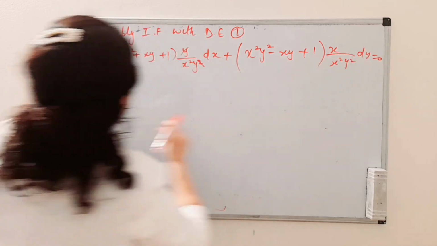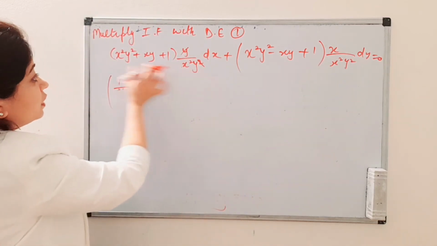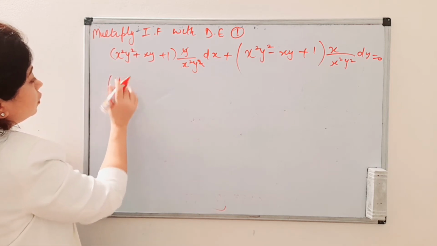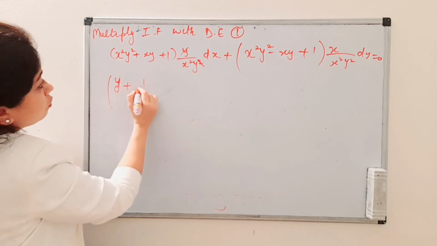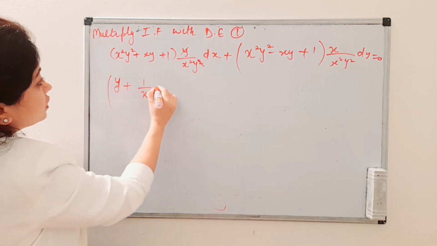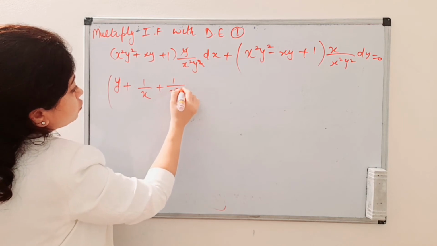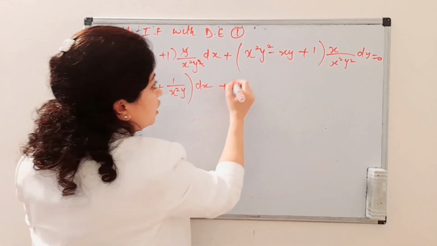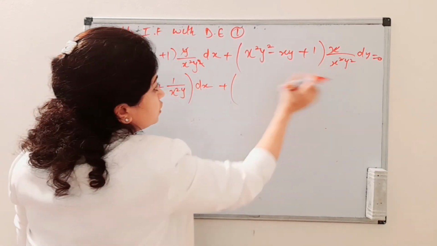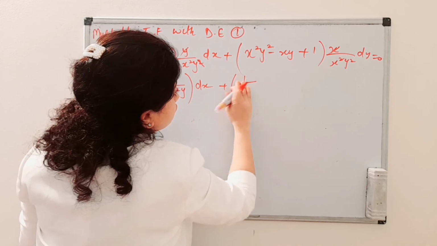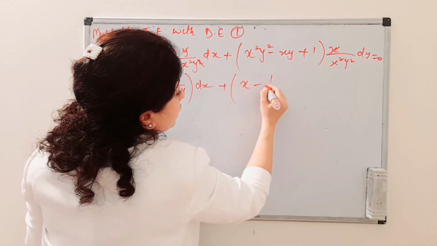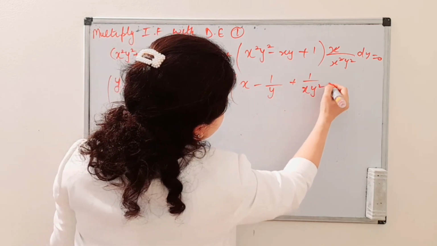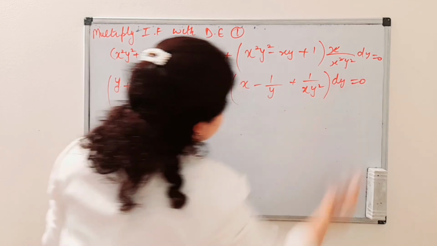So we get y here only, plus 1 upon x, plus 1 upon x square y, and this is dx. And similarly here also we can multiply. This is xy square, so this will be only x here, minus 1 upon xy, plus 1 upon xy square dy equal to 0.